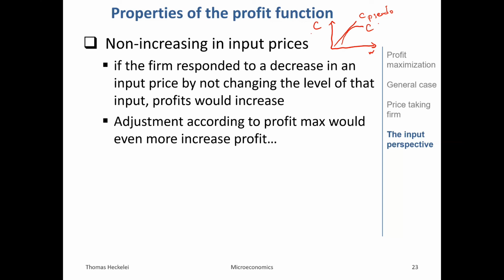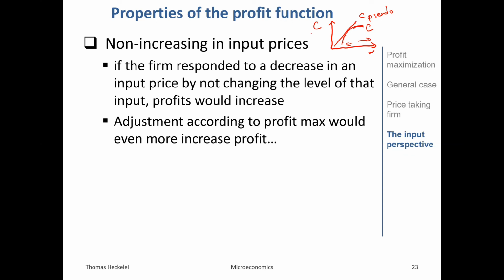Because either when the input price increases or decreases, you have the ability to adjust your input mix in order to avoid the increasing cost or to benefit from the decreasing cost of input, right? So that is why the actual cost is below the C shadow.